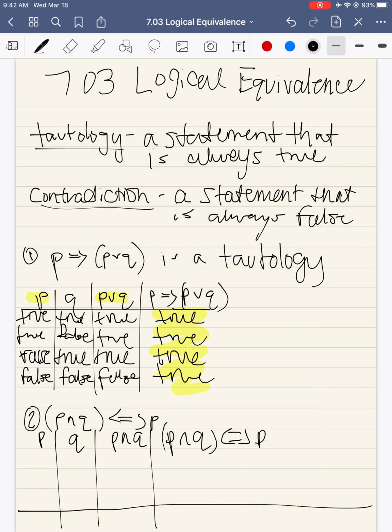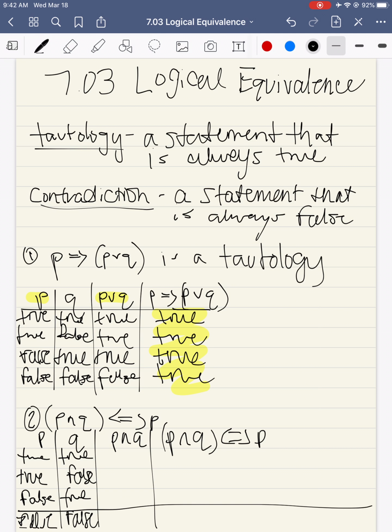So again, let's just start with our truth table. Sorry, that does say false at the bottom. And then we have true, false, true, false.